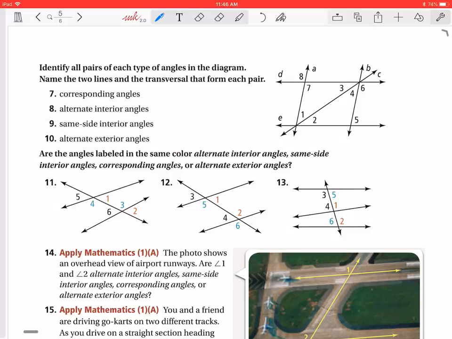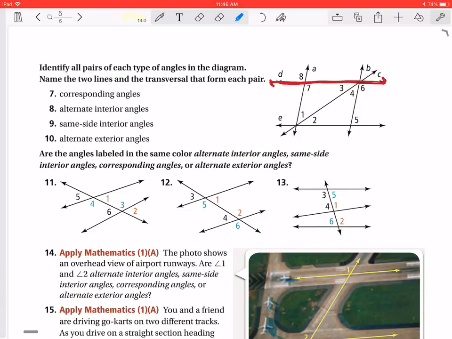So that means that we need to look at each angle and determine what is transversing. If we look at line D, so that's this line here, we're looking at what is transversing.